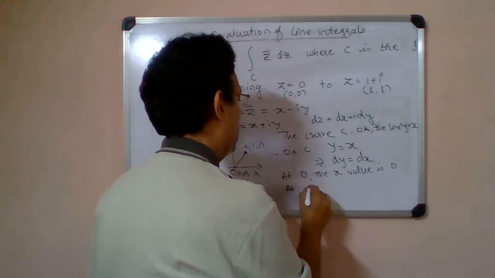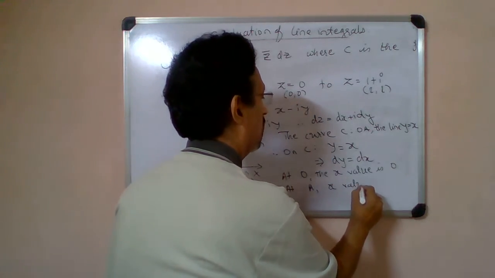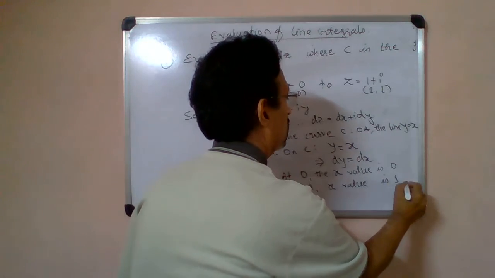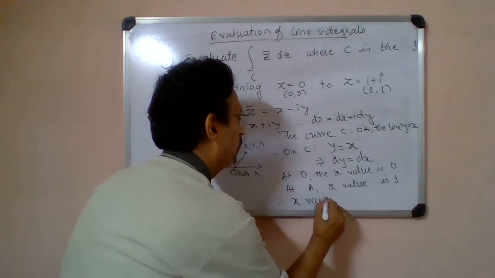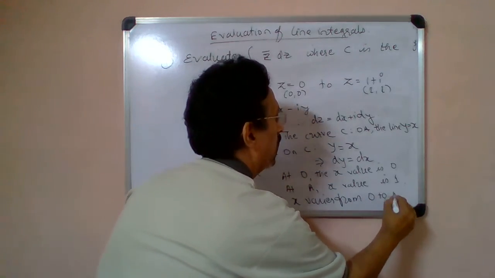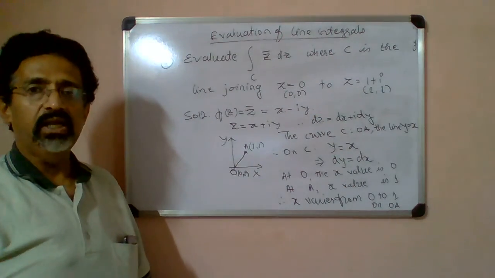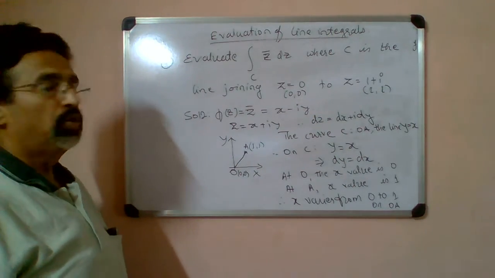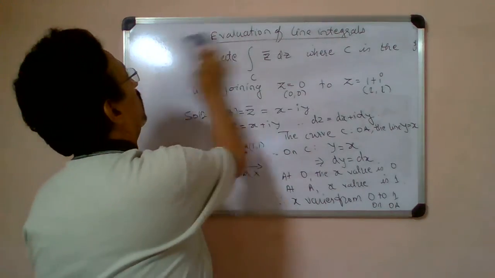At A, the end point, the x value is 1. Therefore, x varies from 0 to 1 on OA. Right? x varies from 0 to 1 on OA. Now I will evaluate.